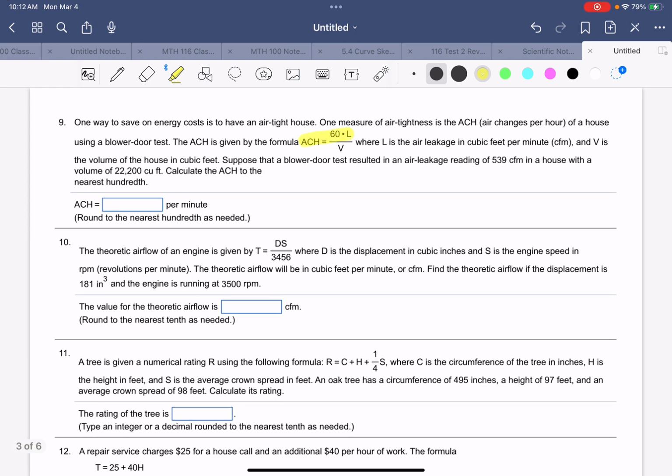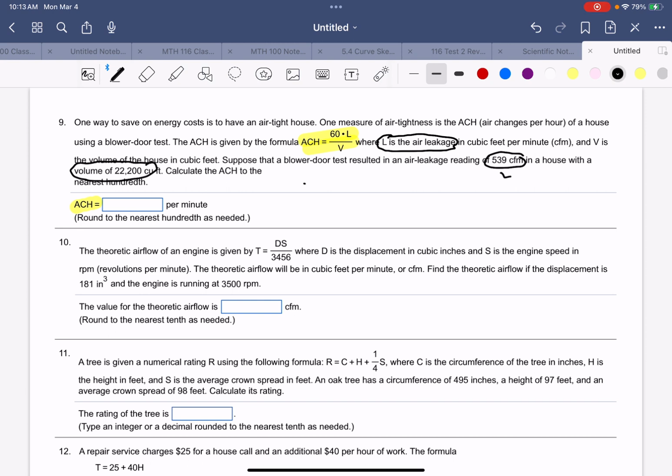First, the formula for ACH, and that's what they ask us to find. Then they give us an air leakage of 539 CFMs. That's what L is. L is the air leakage. And then they give us a volume of the house of 22,000 cubic feet.